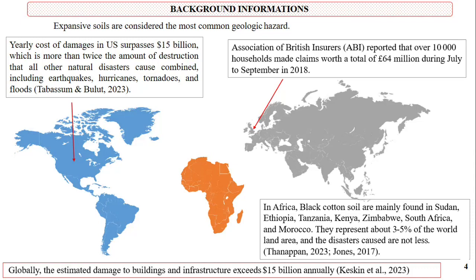Either this one comes before slide number 3, or to me, this one could be made as a statement in the justification. You are trying to justify why this study is necessary, and you want to show us that across the globe, there is a distribution of how these expansive soils are distributed, right?